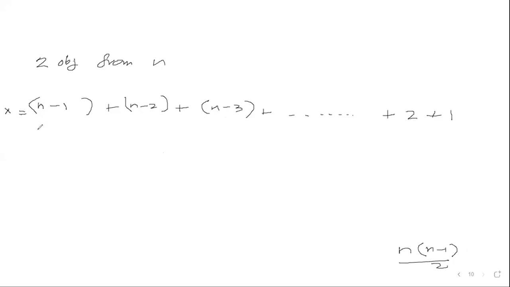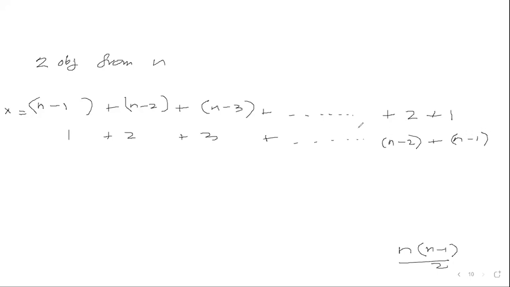I'm going to take the same thing and write it backwards. Put 1 in the front. 1 plus 2 plus 3. Put them under each other, right? And you'll end up with n minus 2. I'm writing it backwards. Plus n minus 1. It's a very important step.